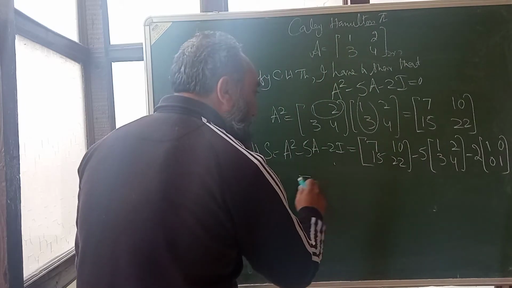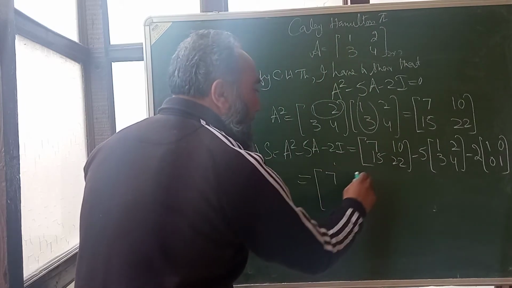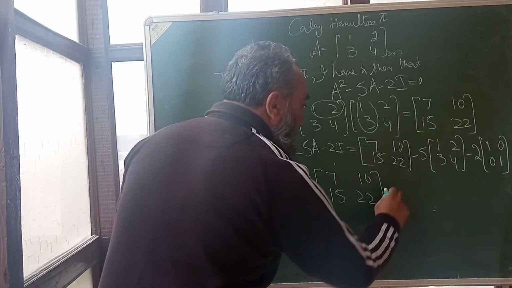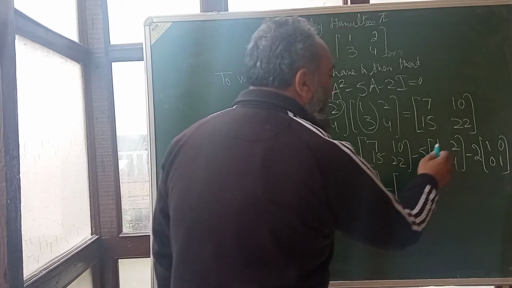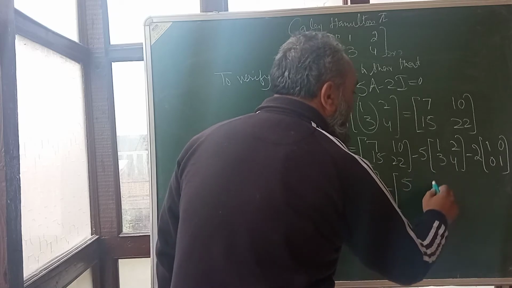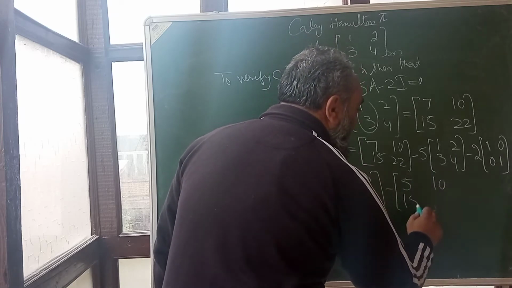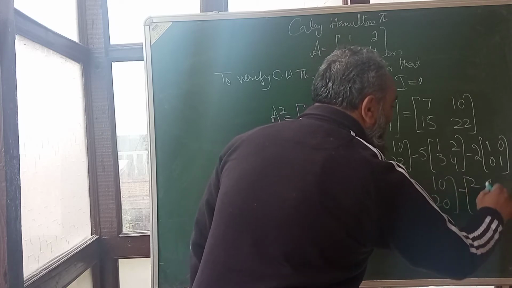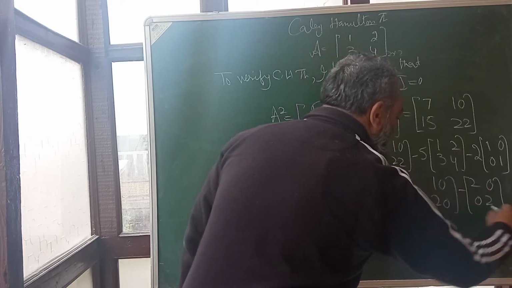So this is equal to [7, 10; 15, 22] minus [5, 10; 15, 20] minus [2, 0; 0, 2].